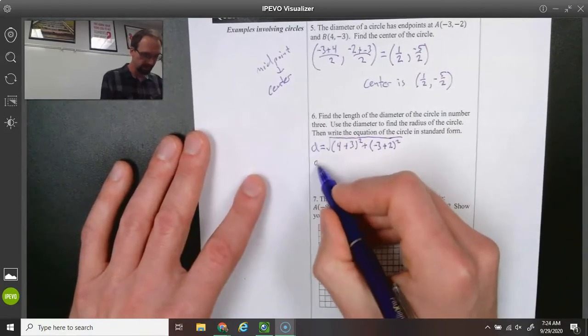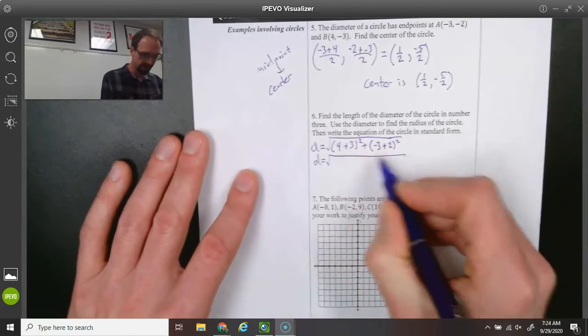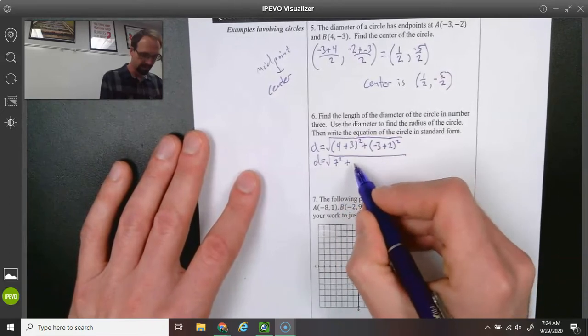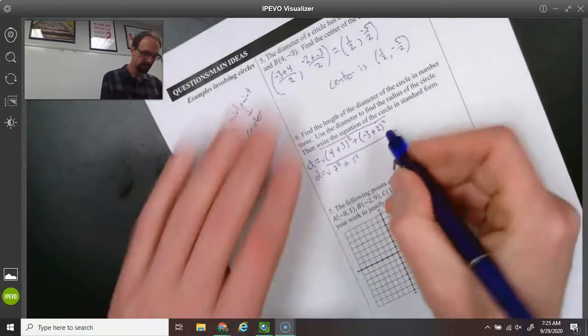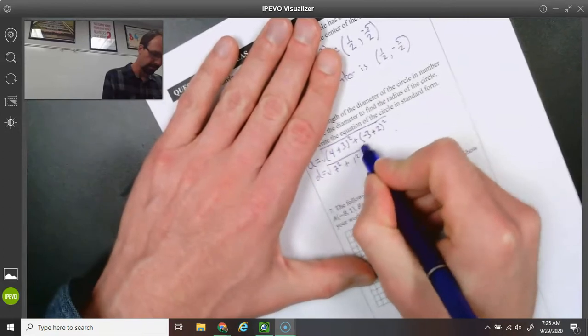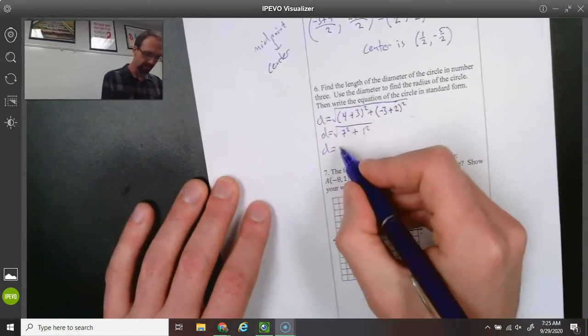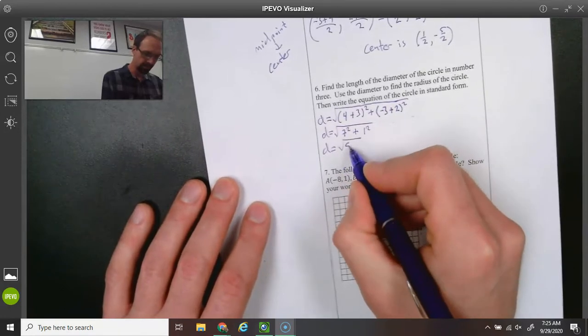That's going to give me 7 squared plus 1 squared. D equals the square root of 49 plus 1, so that's 50.